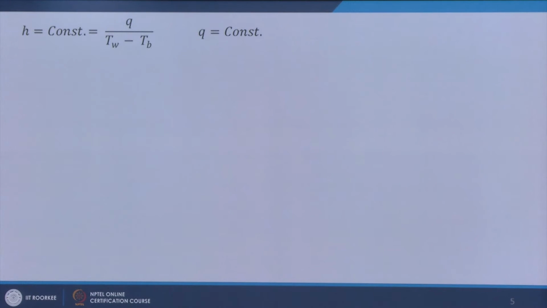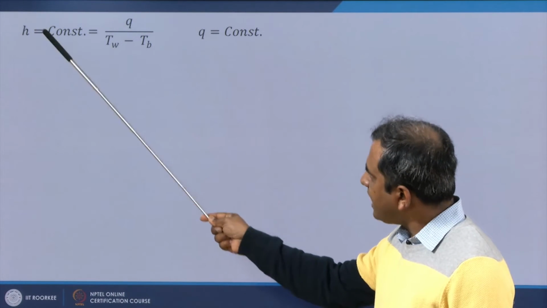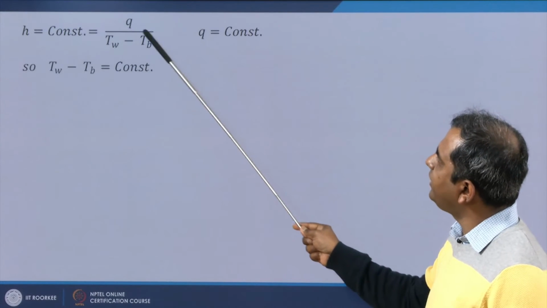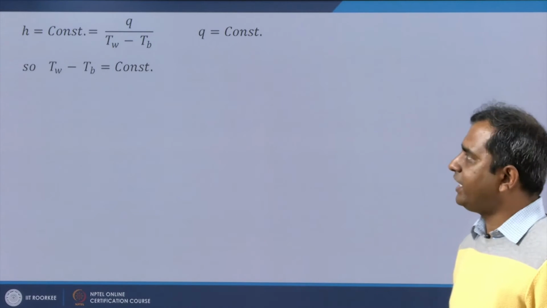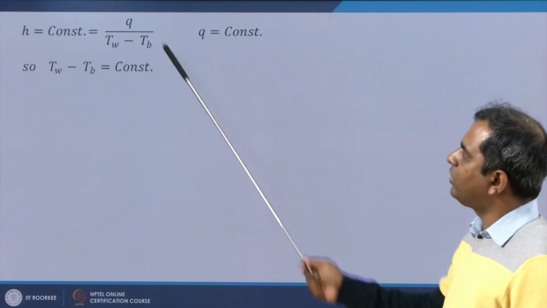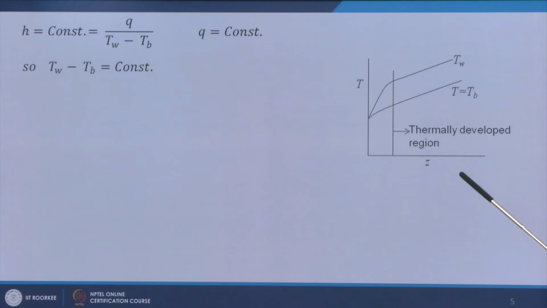Now let us proceed further for the constant heat flux case. If the heat flux is constant, and as it is fully developed, h is already constant, then obviously T_w minus T_b needs to be constant. Here q is constant, h is constant, so obviously it will be constant. Now if this is the case, I can show the temperature profile in this fashion.